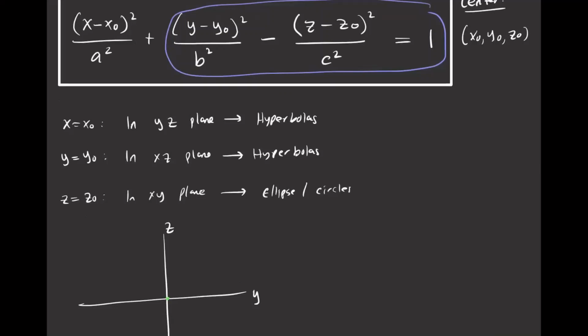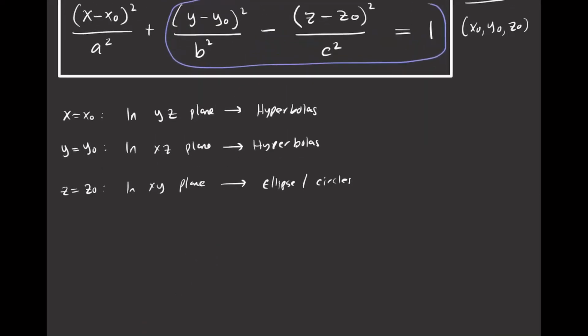Then in the y direction, you're going to go b units. So here's one hyperbola, and here's another hyperbola. This distance is going to be y0 plus b. And then in the opposite direction, you do the same thing, y0 minus b. So that's how it looks in the yz plane.